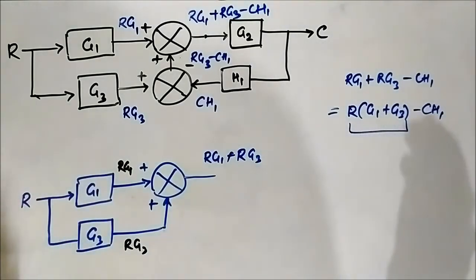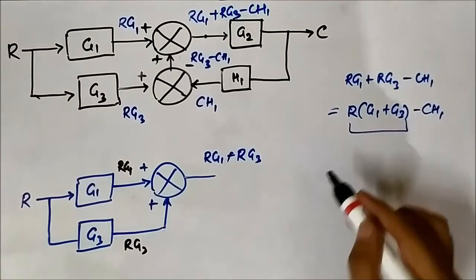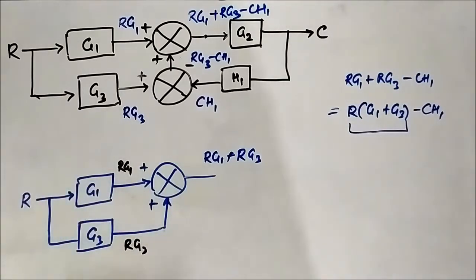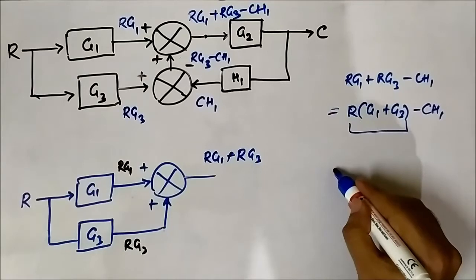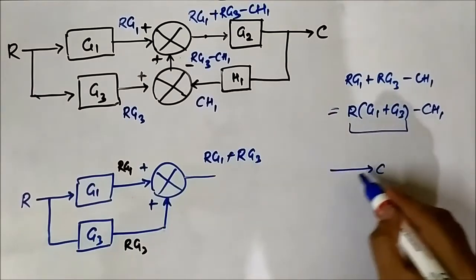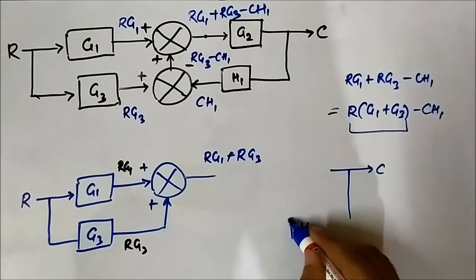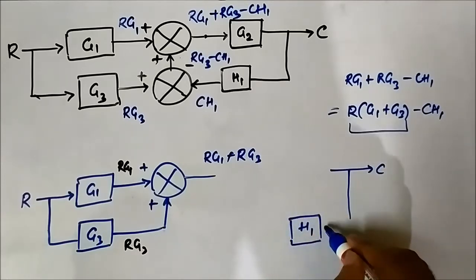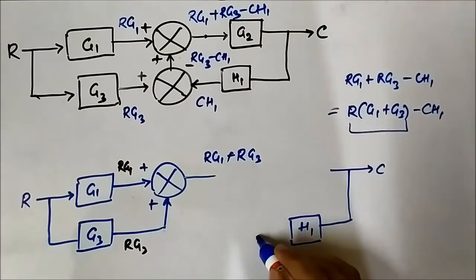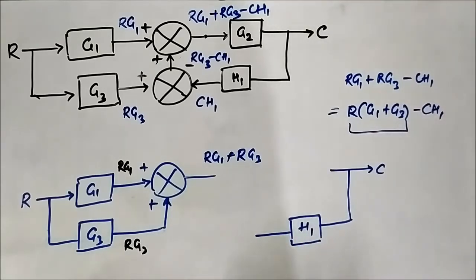Now for this CH1, what do we have to do? Let us say the output is here, this is C, so we take this output and we give it here. So here it is CH1.